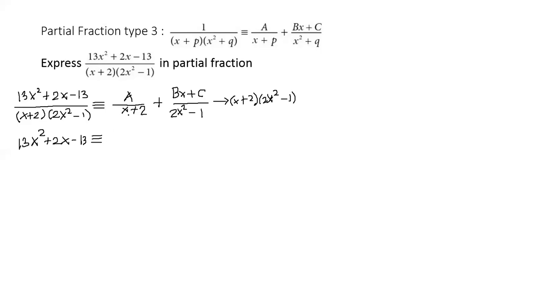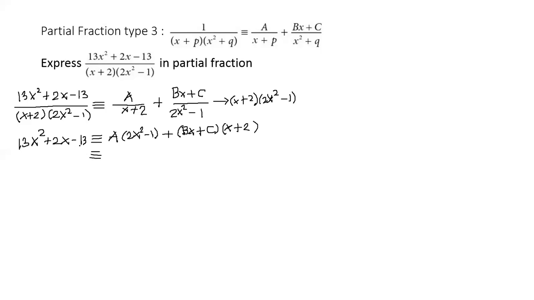The first fraction becomes A times (2x squared minus 1), plus (bx plus c) times (x plus 2), like this.